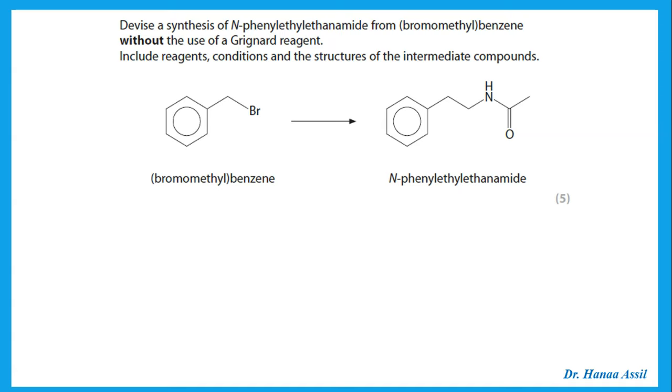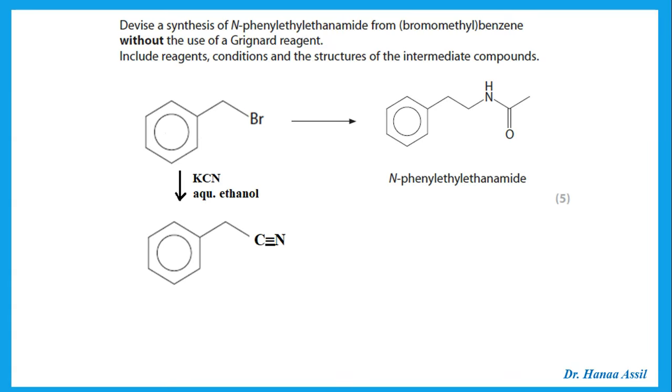Another question, devise a synthesis of N-phenylethylethanamide, which is given, from bromomethylbenzene. So again, without the use of Grignard. So here he specifies that we do not want to use Grignard. So in this case, then I can use the nitrile. Remember, nitrile is another method of adding a new carbon.